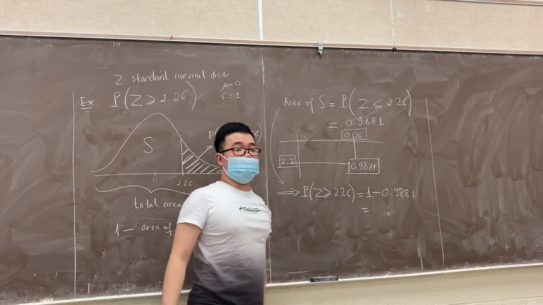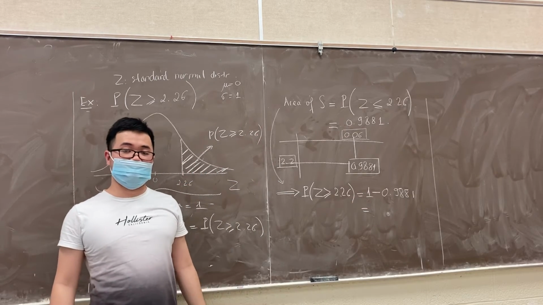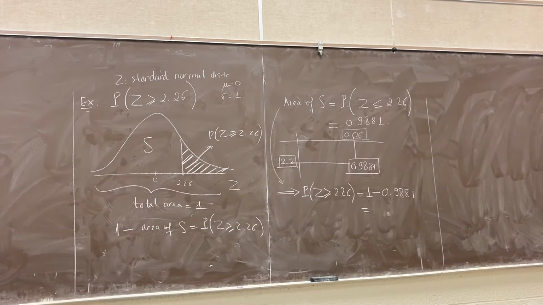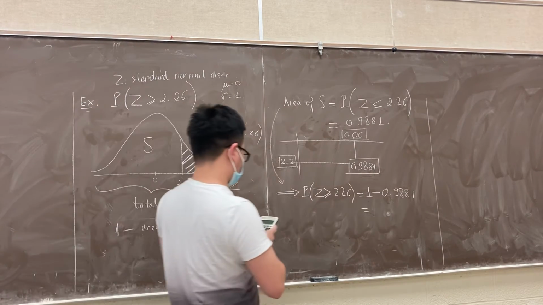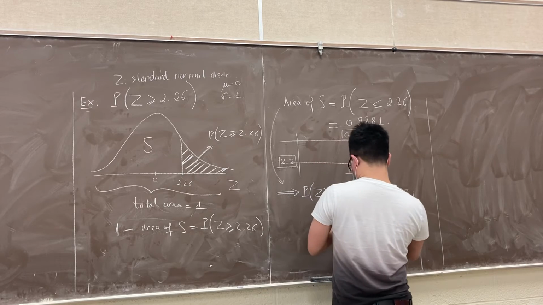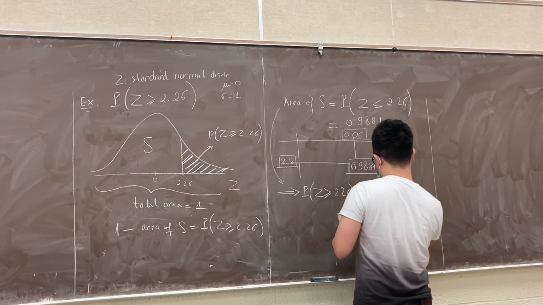And after that, we will get the result. Is it clear, guys? Maybe you use a calculator to calculate this value. It's 1 minus 0.9881. So the value here is 0.0119.